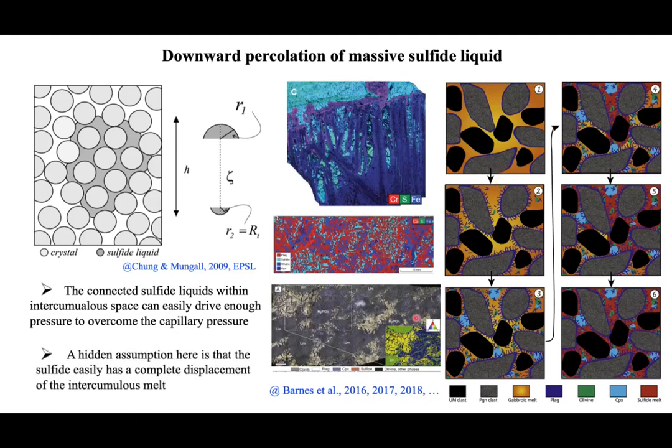But a hidden assumption here is that we always think that the sulfide can easily have a complete displacement of the intercumulus melt. This means the sulfide can totally displace the melt in this interstitial, intercumulus space.